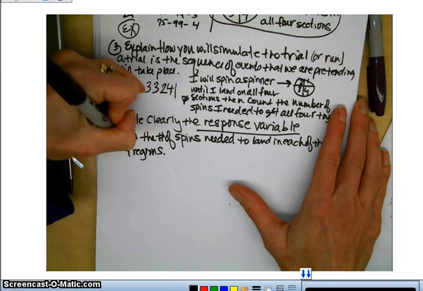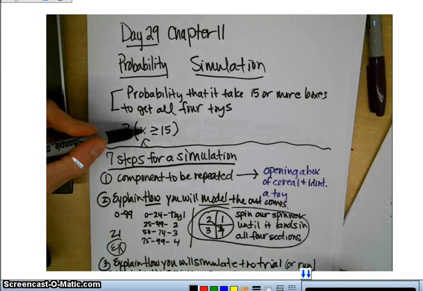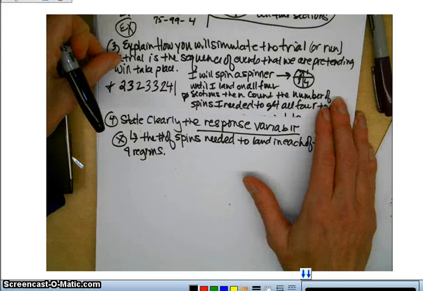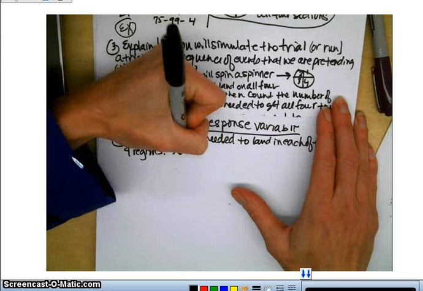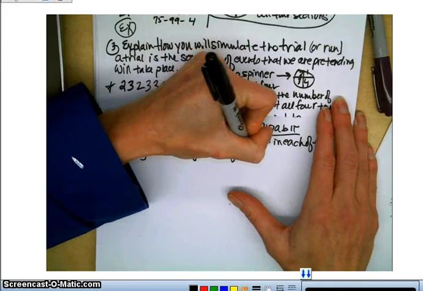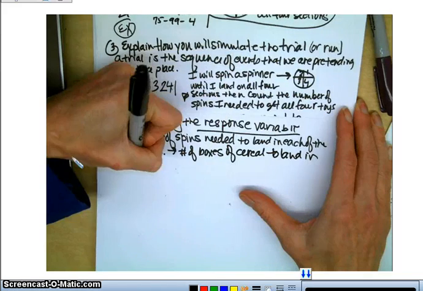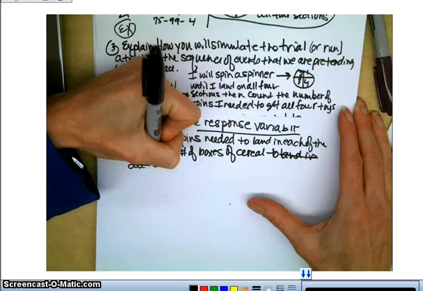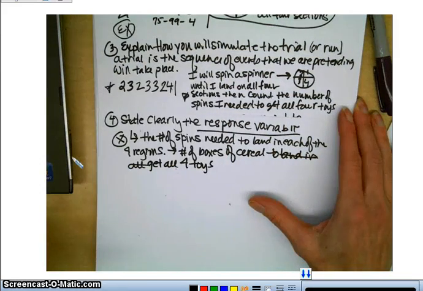So that's X. That was the X that we wrote at the very beginning, right up here. The probability that it takes us more than 15 boxes to get all, in other words, and what this really means is number of boxes of cereal to get all 4 toys. That's really what it means.